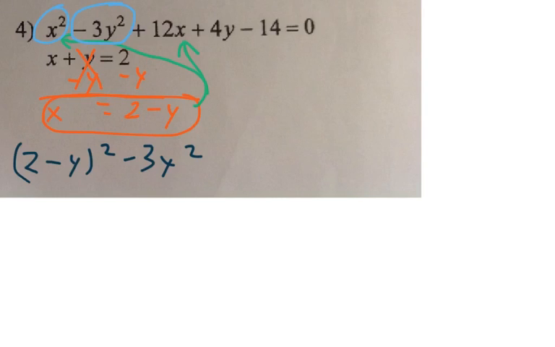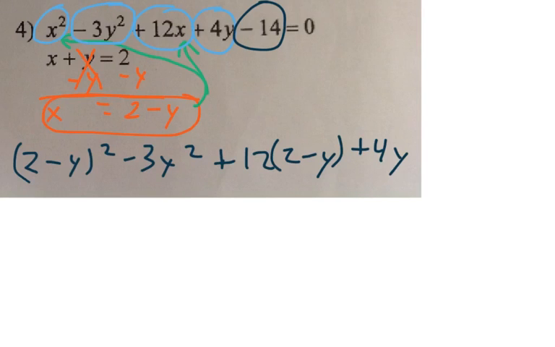Okay, and now I'm going to do the 12x. Well, I'm going to get 12 times x, but we know x, of course, is 2 minus y. And now, of course, we're going to do the 4y. So we have a plus 4y. And then a minus 14 equal to 0.